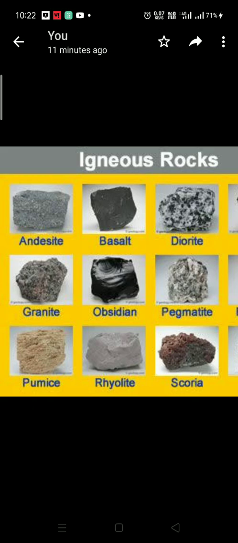Okay, fine. So what are igneous rocks? The rocks which are formed because of the cooling of molten magma are called igneous rocks. Now kids, igneous rocks are of two types.